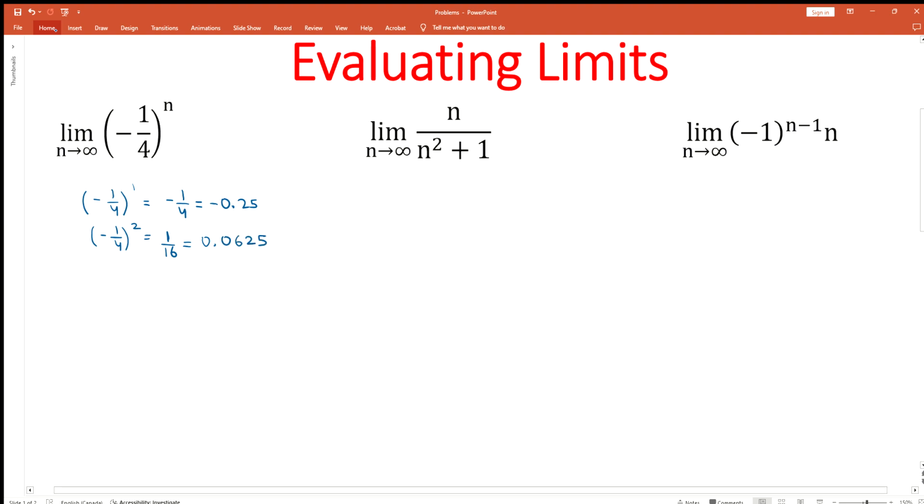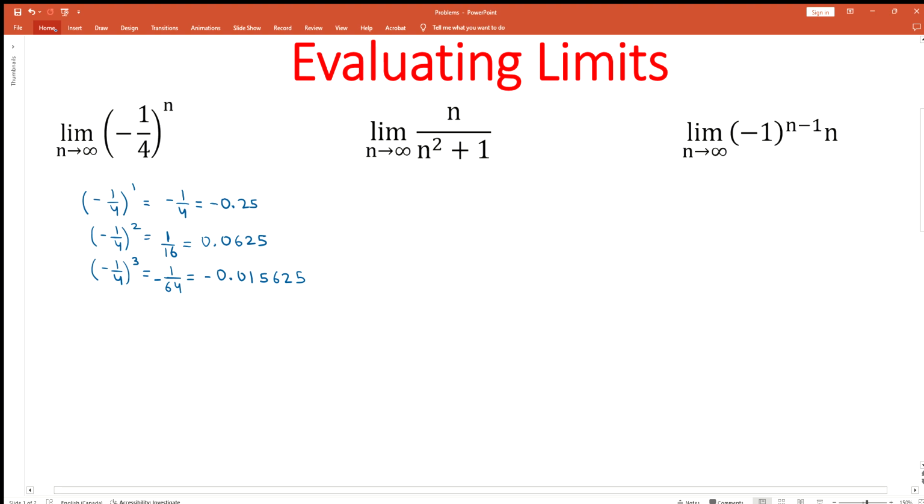If I sub in n as 3, I get negative 1 over 64, which is equal to negative 0.015625. As per this analysis, as the value of n increases and approaches infinity, the value of the expression negative 1 over 4 to the power n approaches 0.